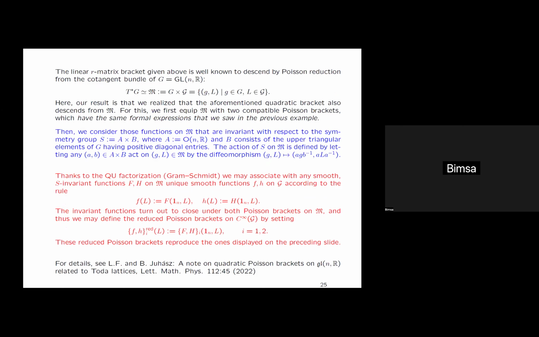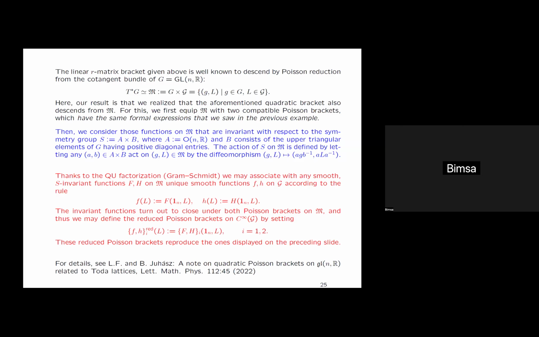It is the same as I had in the GL(n,C) case, regarding the real. Just the pairing is the trace. In that case, it was the real part of the trace. So there are two compatible Poisson structures here, one of them was just the canonical, but the other is the quadratic Poisson structure.